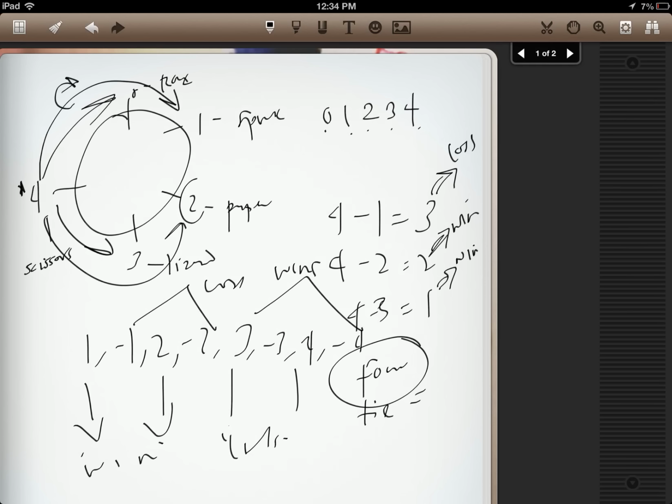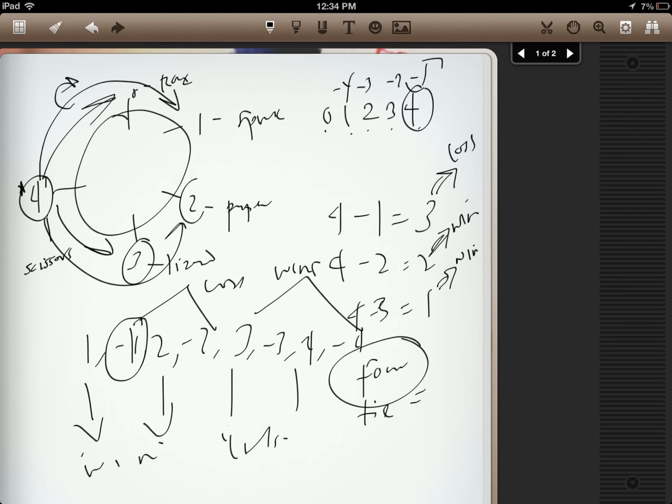Now, if we choose 3 and 4, 3 minus 4 is -1. Using the modulo table of -1, -2, -3, -4, the equivalent of -1 for the modular arithmetic is actually 4.